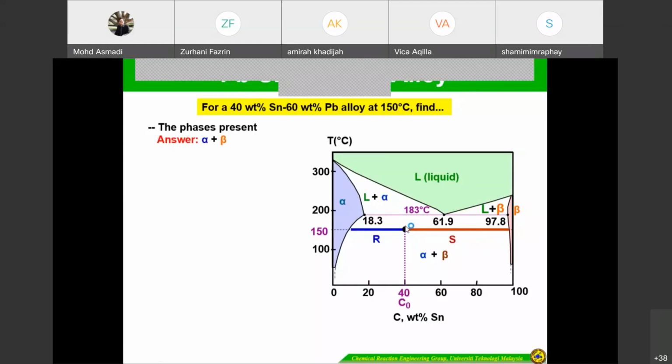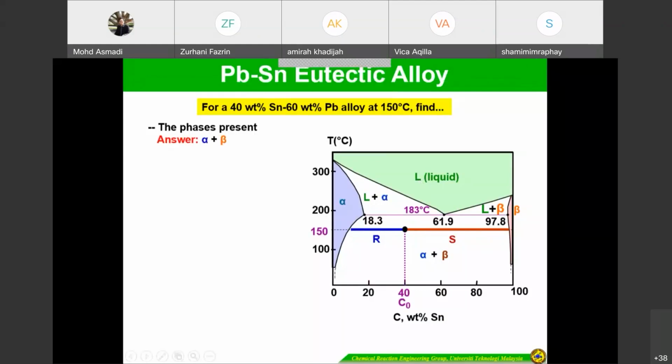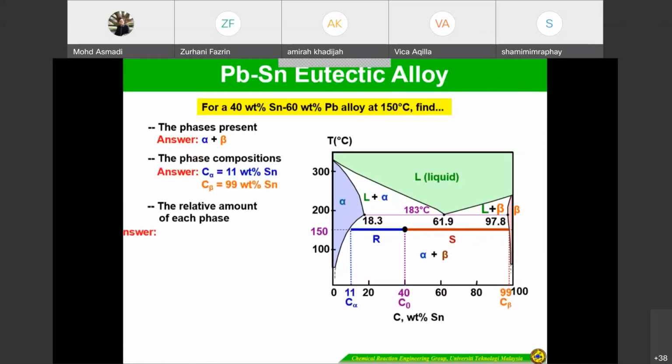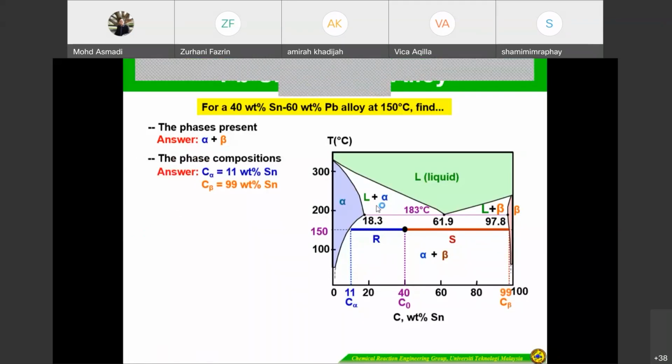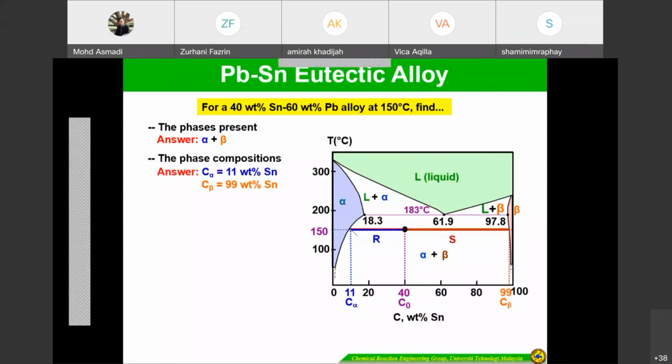How about the phase compositions? Since it's at 150 degrees C, just draw the vertical line. That gives the composition: C alpha is equal to 11 weight% of stannum. Extend this line to get the composition of stannum for the alpha.